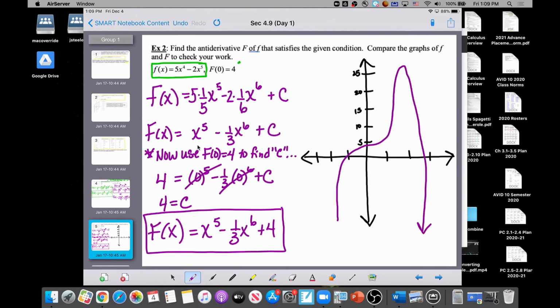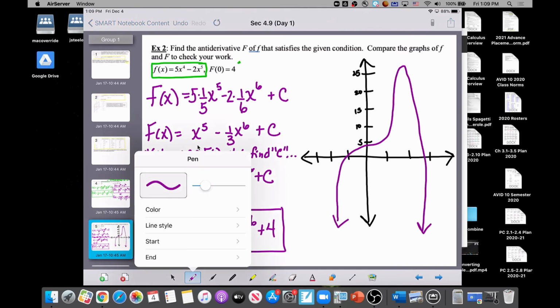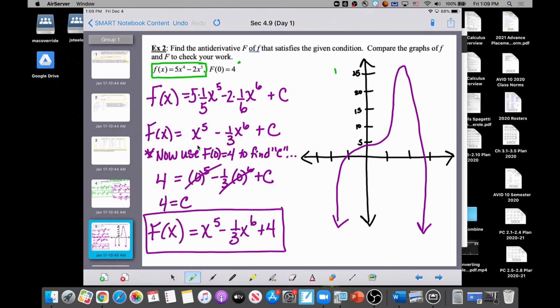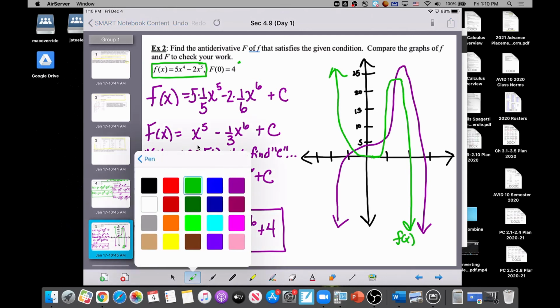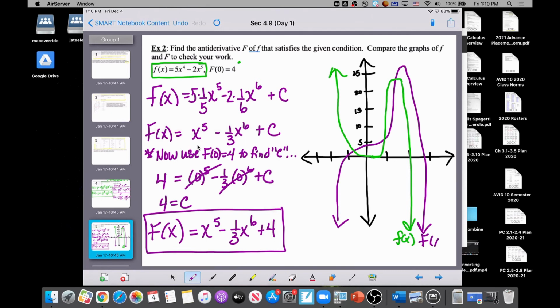It looked something like that. And then my green graph, its derivative, this was supposed to be a little more flat there in the middle. Sorry about that. It looks something like that. You can certainly take the time to do a better job on your paper, but here's my f of x, and here's my capital F of x.